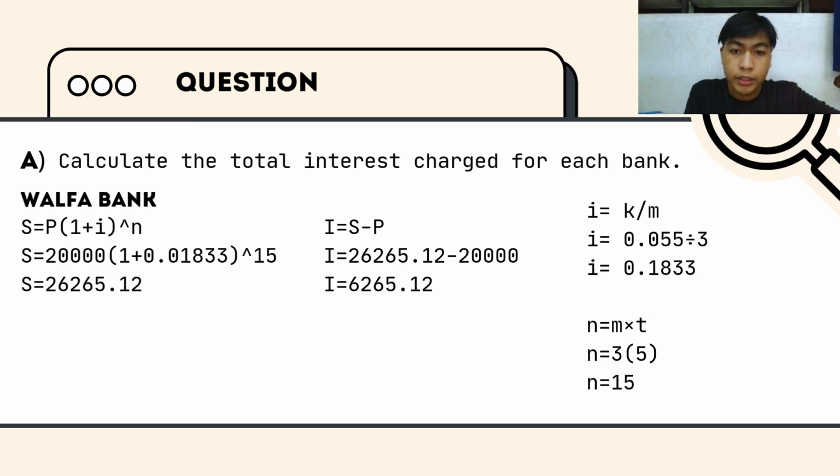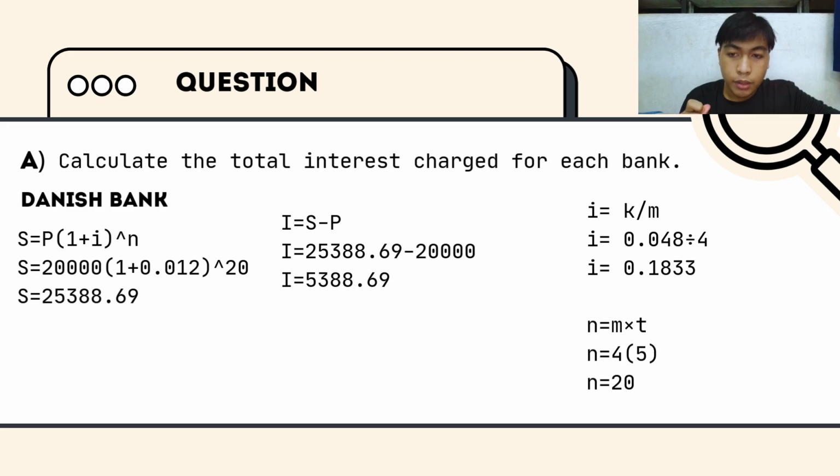To find the interest, we use the formula I equals S minus P. I equals 26,265.12 minus 20,000. The answer is 6,265.12.